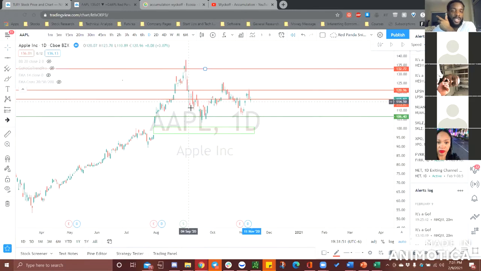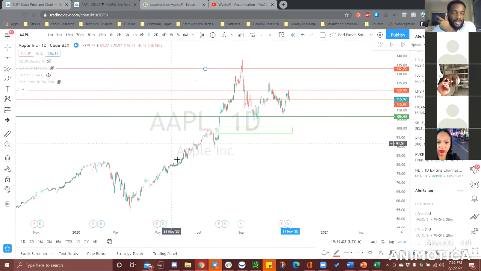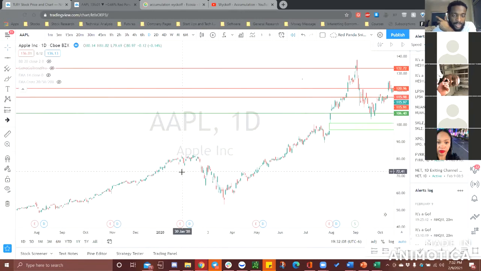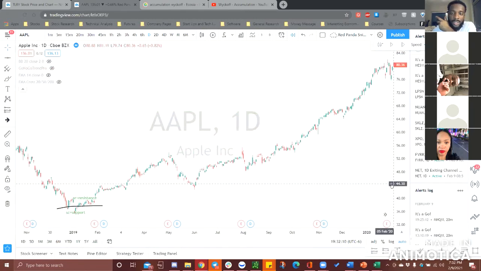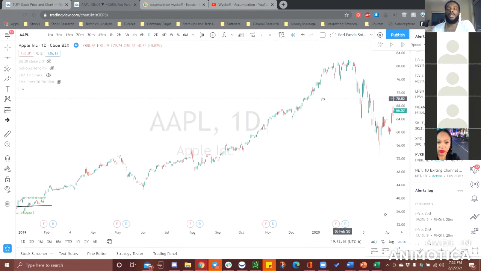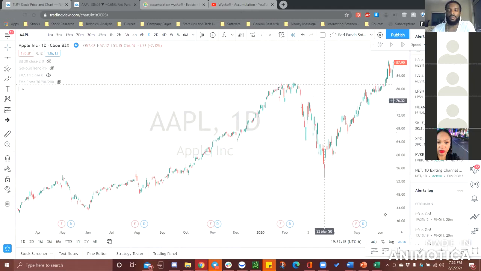So as we get here and dropped here, this was once a resistance, now this became a support. Let's see, other ones too. If you were looking at it from here, this technically would be your resistance level here.